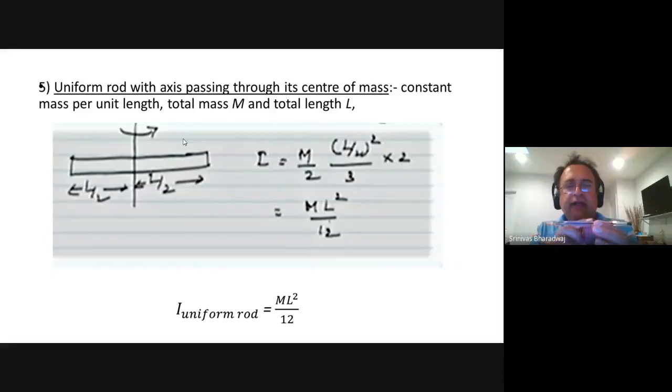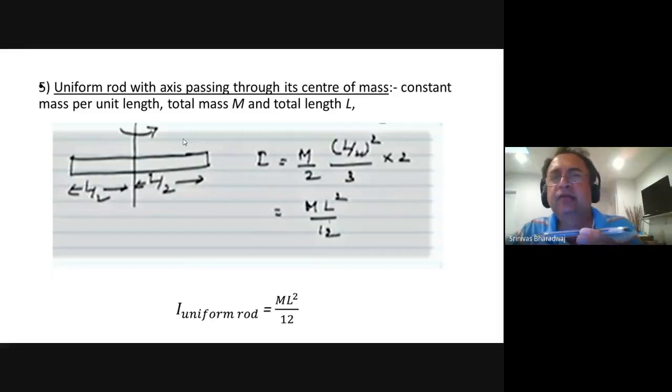You take between 0 to L by 2, times 2, the integral of L square dl, like r square dm.